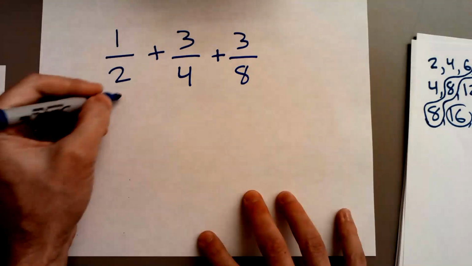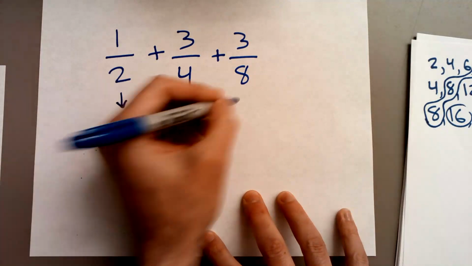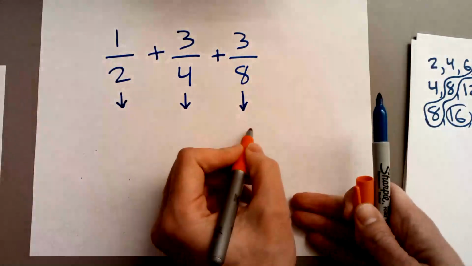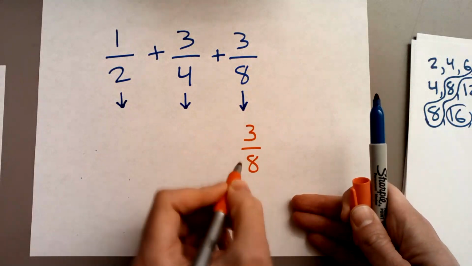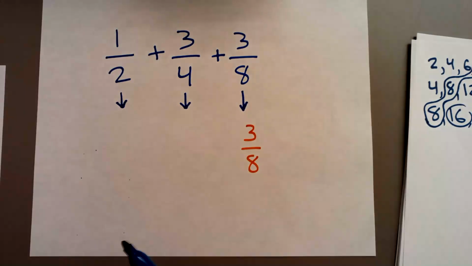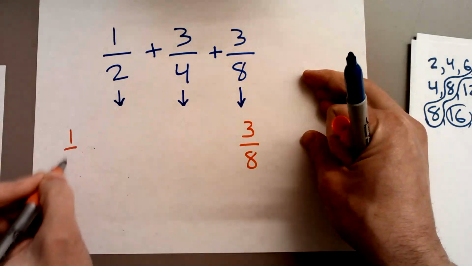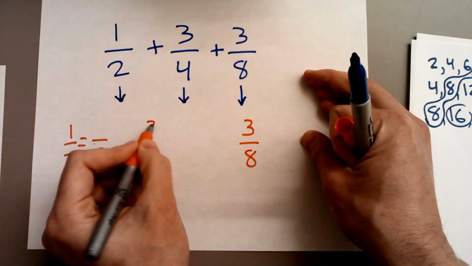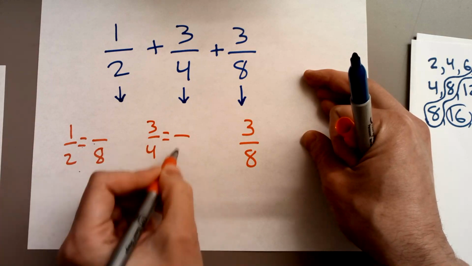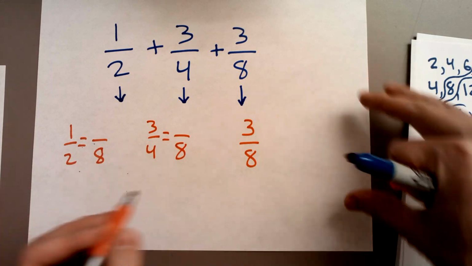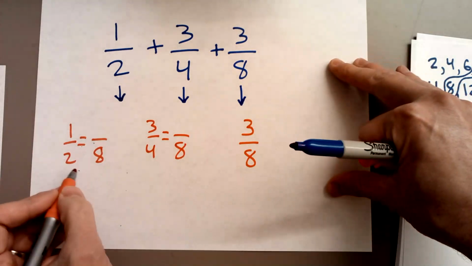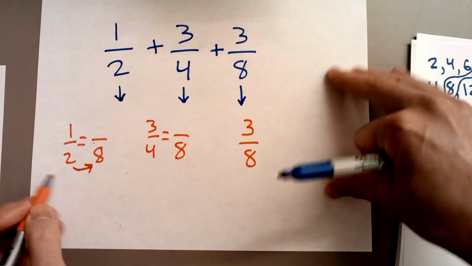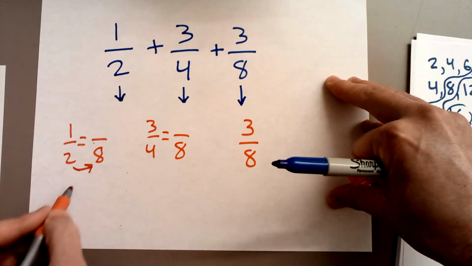So let me rename these with a denominator of 8. Like I said, I don't have to rename this one. It already has a denominator of 8. So let me rename 1/2 a certain number of 8s, and then I'll rename 3/4 a certain number of 8s. Let me just use mathematics here instead of pulling out the fraction tiles again. 2 times 4 is 8.